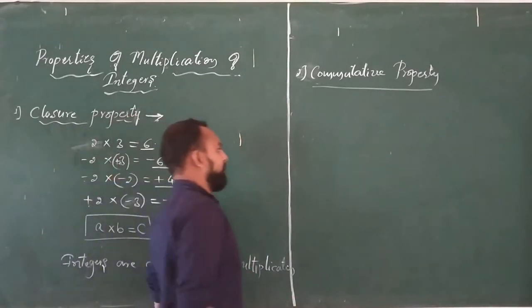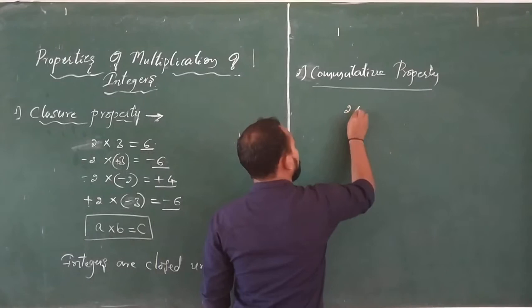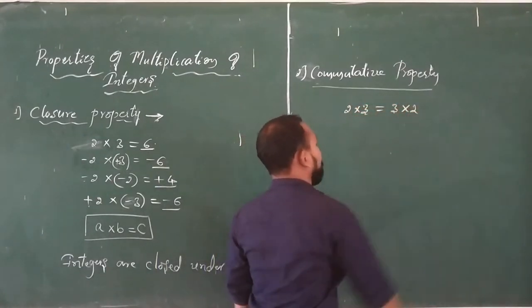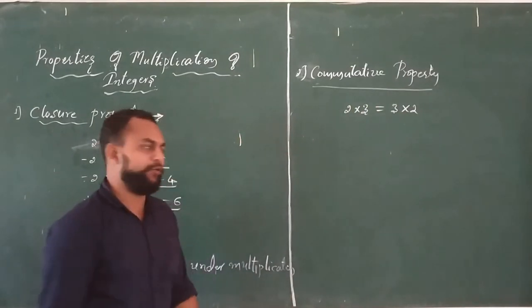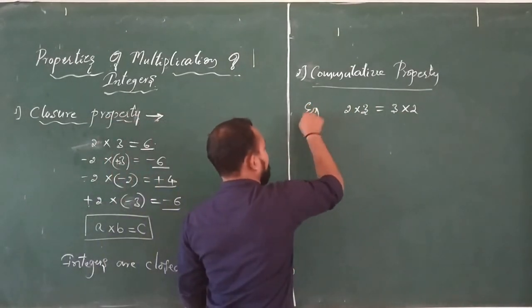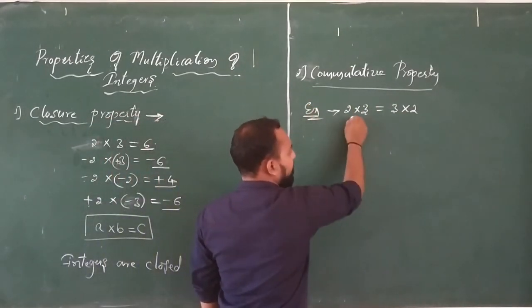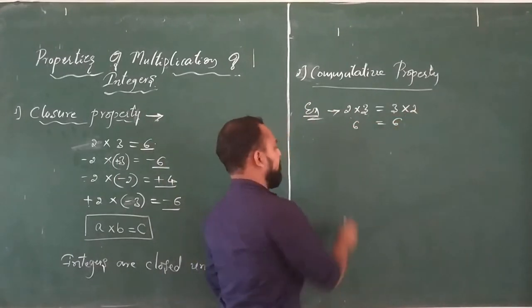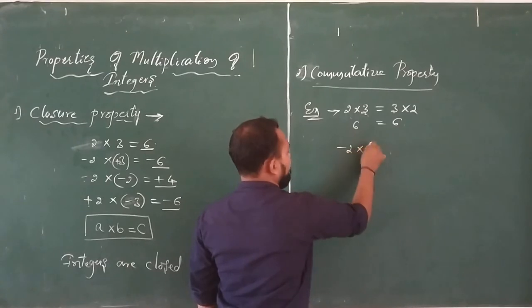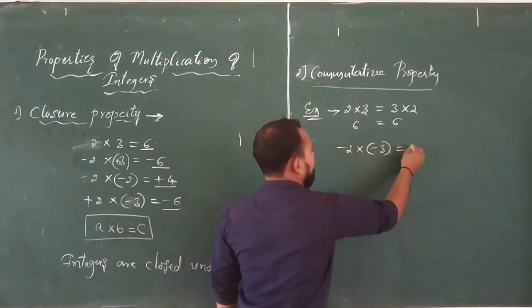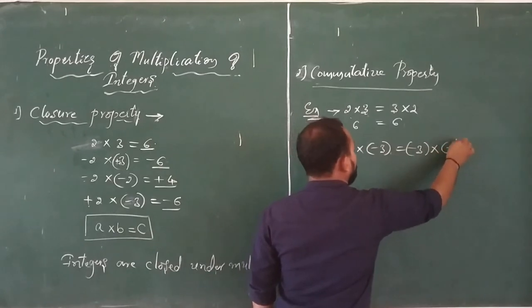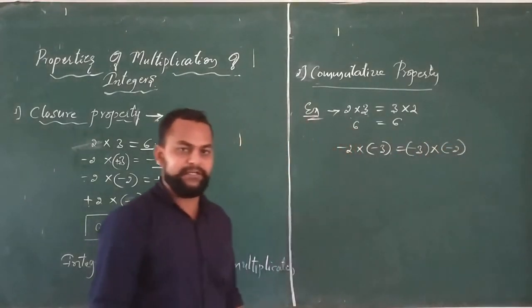For example, 2 into 3 and 3 into 2. Here 2 into 3 is 6, 3 into 2 is 6. Then take 2 into minus 3 and minus 3 into 2.